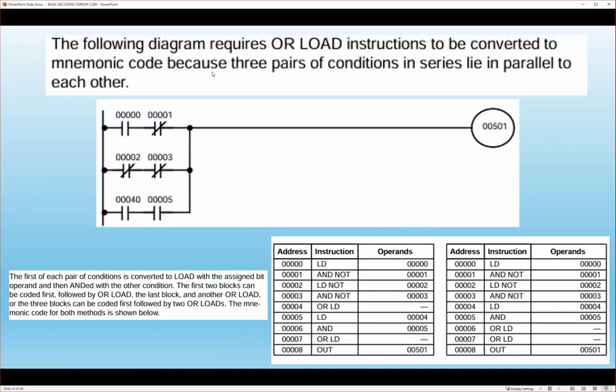So your rungs are always going to end with an out or an instruction. I believe so. Yeah. You have to have something at the end of it, right? So eventually you should have that out, and that'll basically be where we break that instruction.